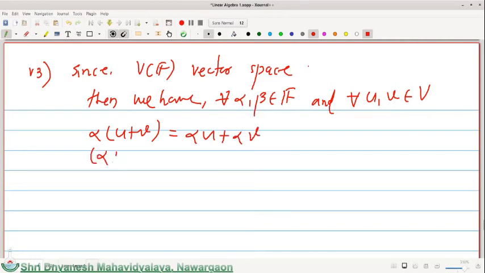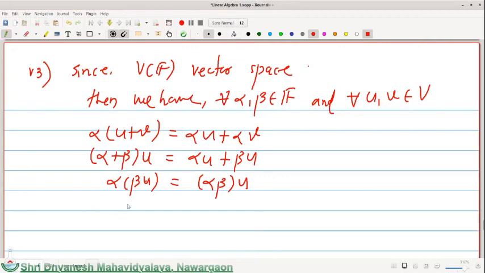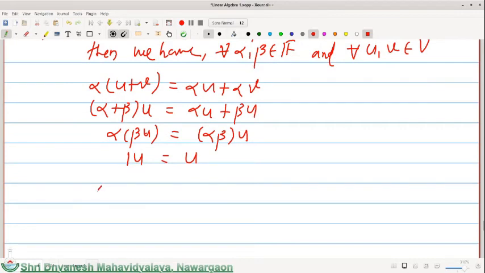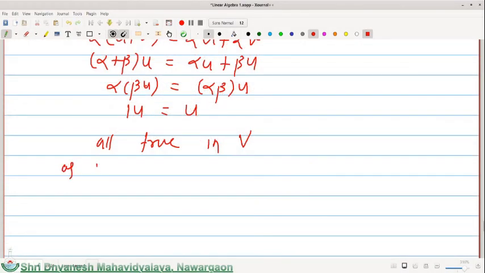Alpha plus beta into u is equals to alpha into u plus beta into u. Alpha into beta into u is equals to alpha into beta into u, and 1 into u is equals to u. All true in V, as U is a non-empty subset of V.